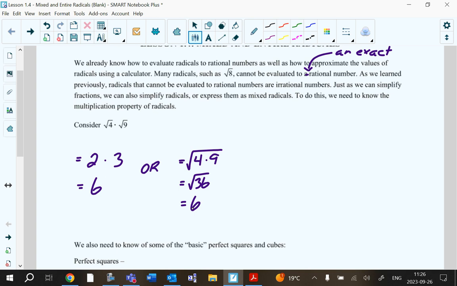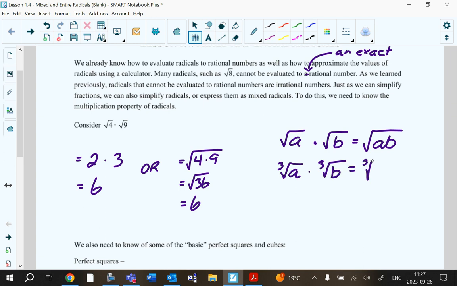If I have the square root of A times the square root of B, that is equal to the square root of A times B. The cube root of A times the cube root of B is equal to the cube root of A times B. And you can keep going: fourth root, fifth root. So what's the square root of 2 times the square root of 5?